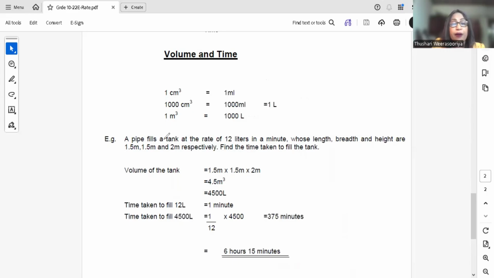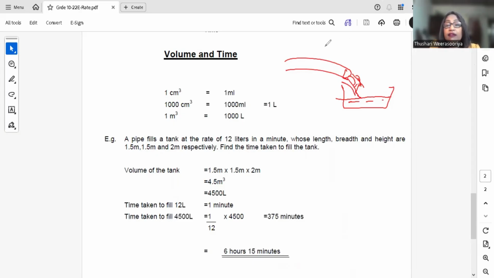Now look at this. A pipe fills a tank at the rate of 12 liters per minute. Now there is a tank, and from a pipe we fill this tank. How does the water come?